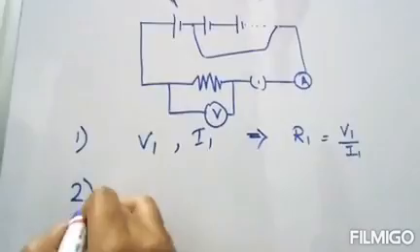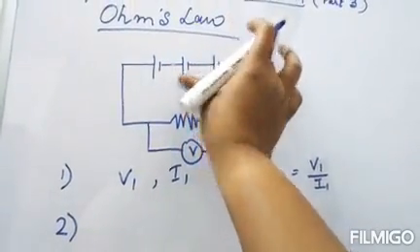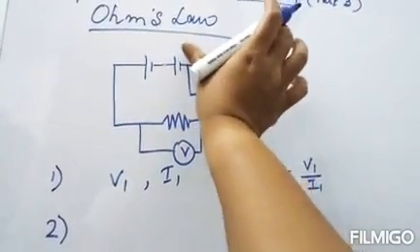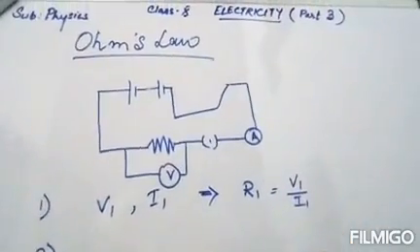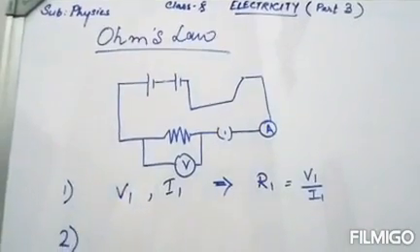Now in the second case, suppose I connected 2 cells and left the third one, suppose this is not there. Okay, I have connected only 2 cells.